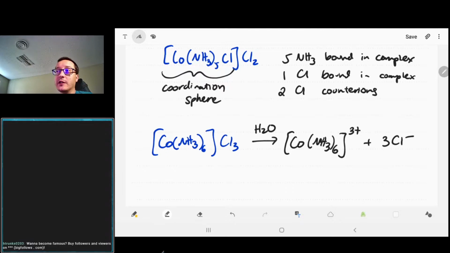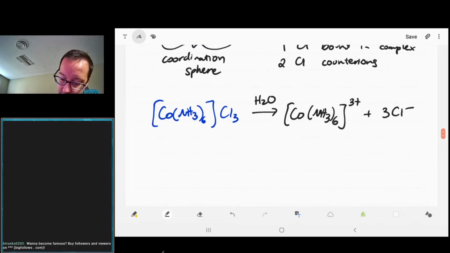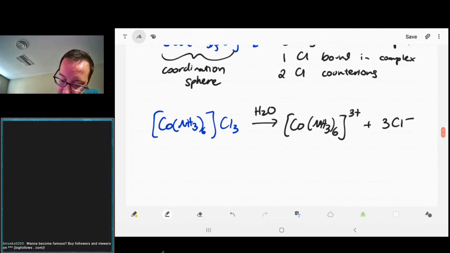So when you dissolve it, you're going to end up getting your complex ion as well as your counter ions separating from each other as you dissolve it, if it's aqueous. If you take the second one, though, and here, I'll just copy it.